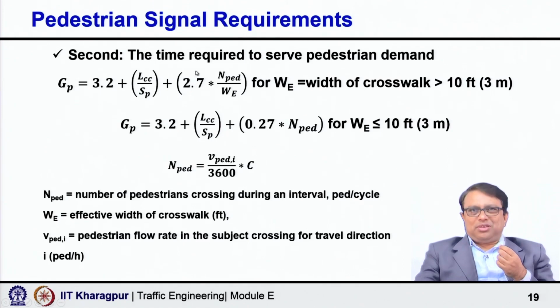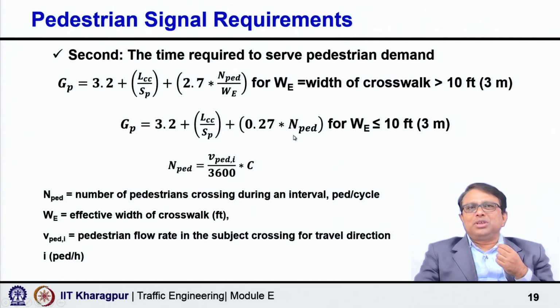The term is multiplied by 2.7, per feet or per meter, whichever way we take. If the width of the crosswalk is less than or equal to 3 meter, then it is more or less the same equation, except that we do not divide by WE.